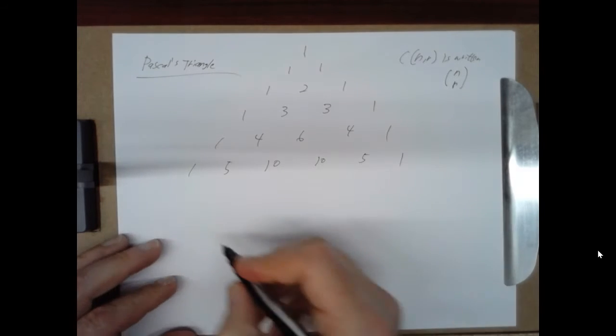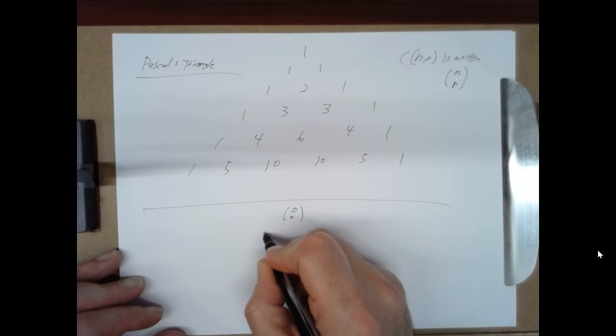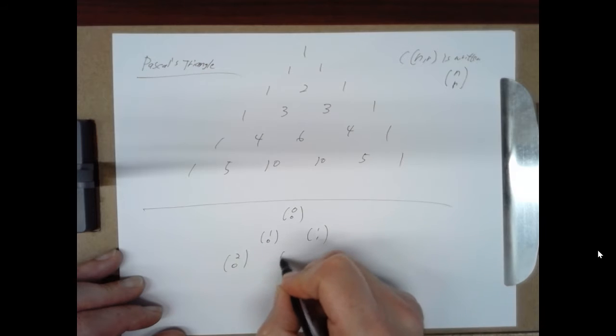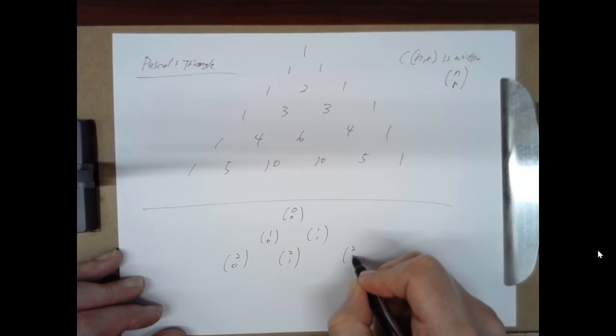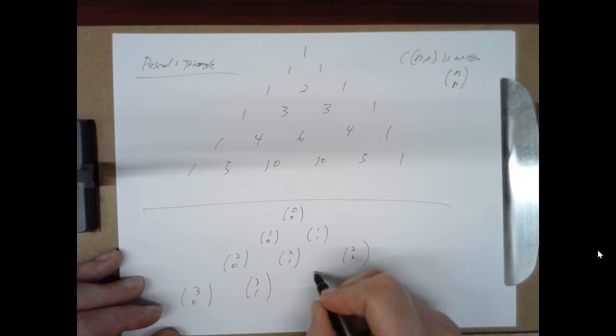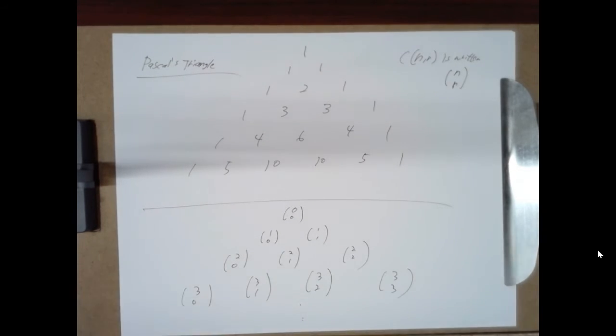And it turns out that Pascal's triangle is (0,0); (1,0), (1,1); (2,0), (2,1), (2,2); (3,0), (3,1), (3,2), (3,3), and so on.